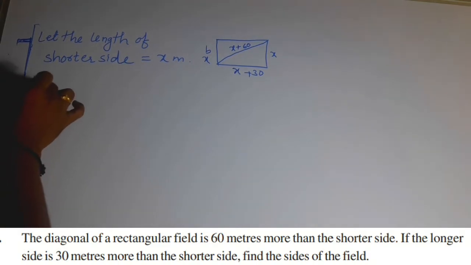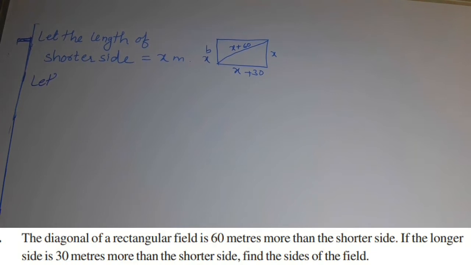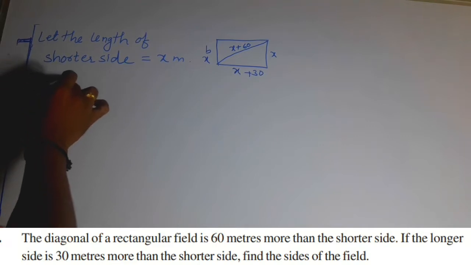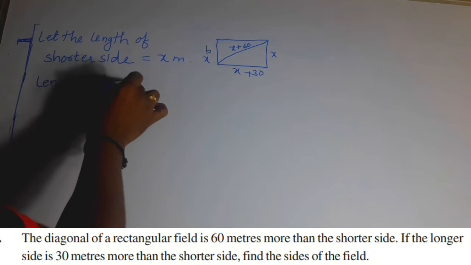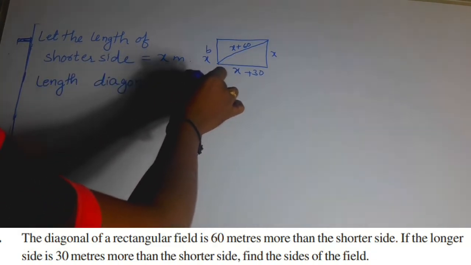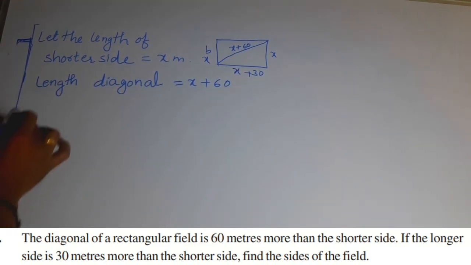The length of the diagonal is x plus 60, because it is 60 meters more than the shorter side.